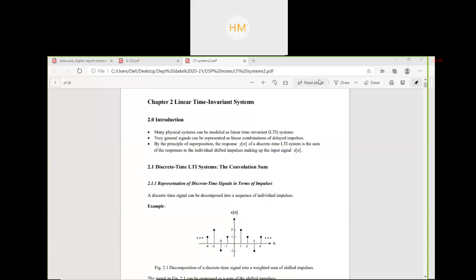So we will start first with LTI systems. Then we will continue with the solutions of the problems. I think I have given you the answer also.